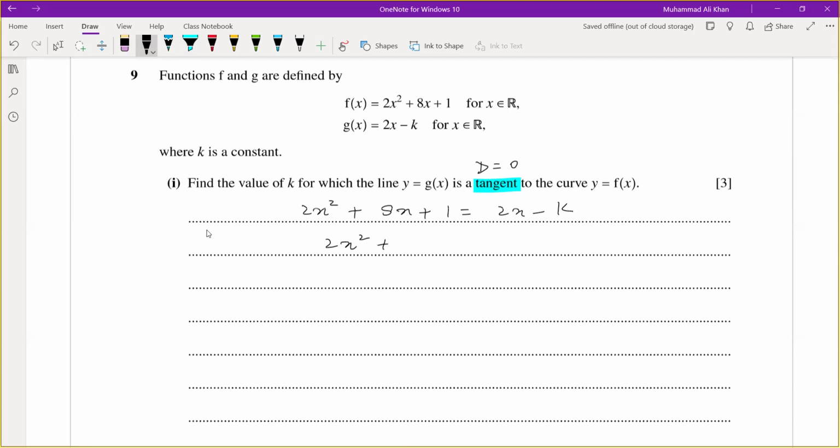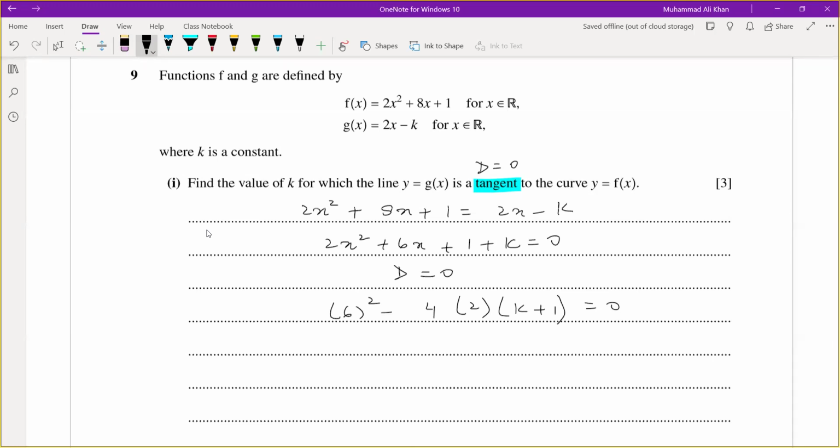So it will be 2x square plus 8x minus 2x plus 1 plus k equals to 0. Discriminant equals to 0, b square minus 4ac. C को मैं ऐसे लिख रहा हूँ 1 plus k equals to 0. By the help of this, we need to calculate the value of k.